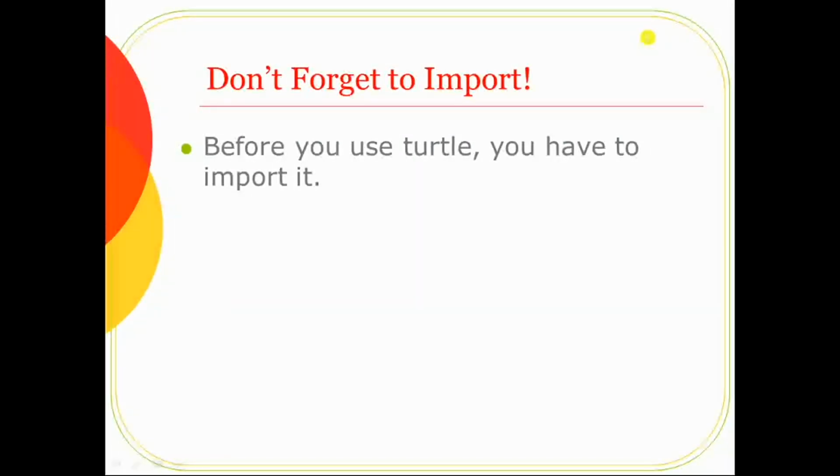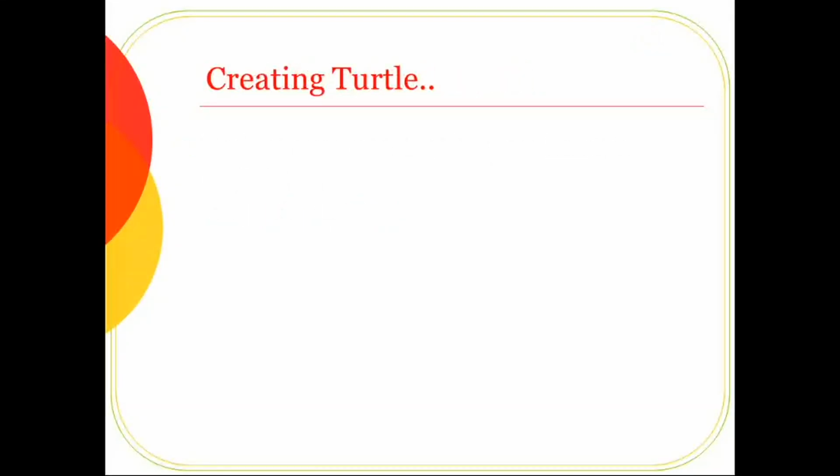Before you use turtles, you have to import it. Just in the beginning, don't forget to write the line of code import turtle. After importing the turtle library, the second thing that we need to do is to create a turtle object. Now you should give a name for your turtle object.